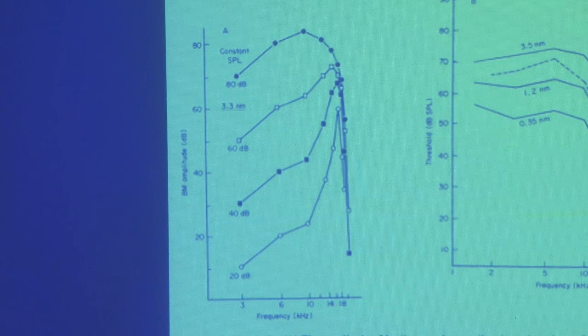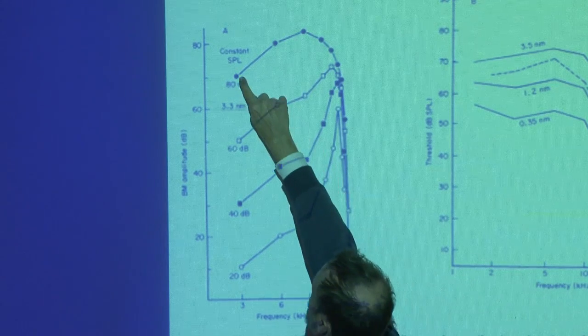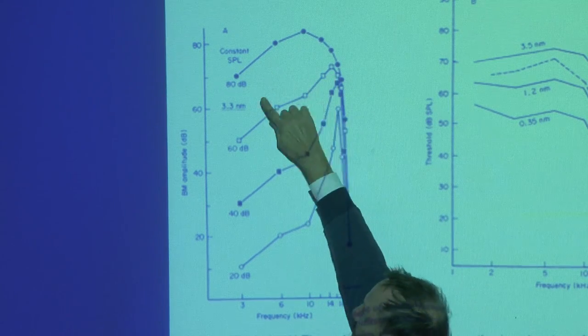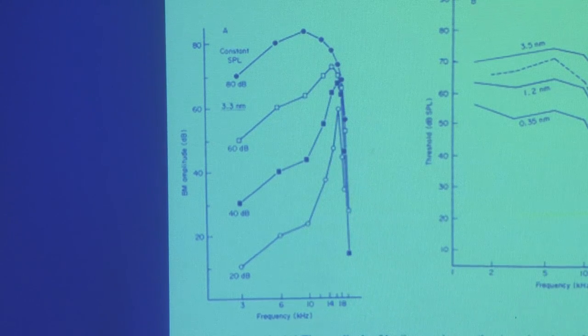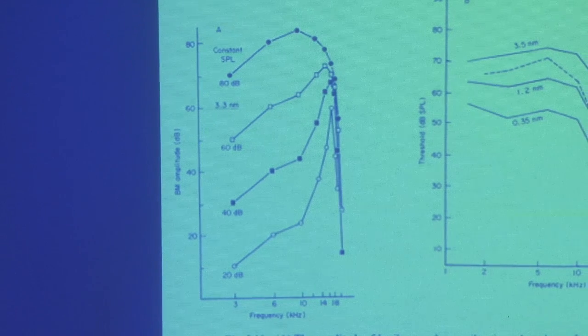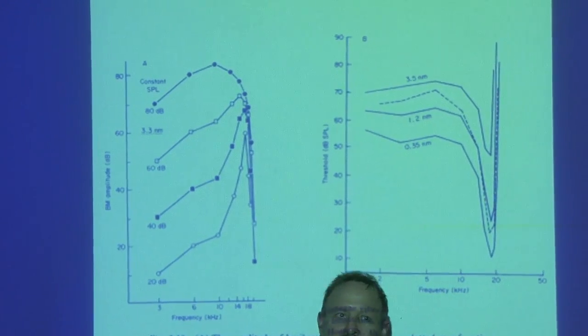It's a high-level sound, but it's not painful or damaging at all. In that case, the function is much broader. If you just looked at that function, you'd say, well, this point on the basilar membrane is responding to many sound frequencies. It's not responding to 20 kilohertz, but it's responding to everything below that.